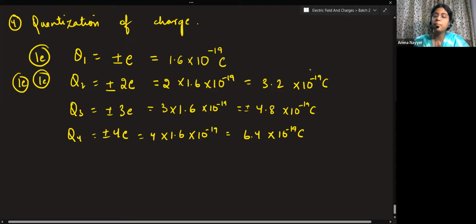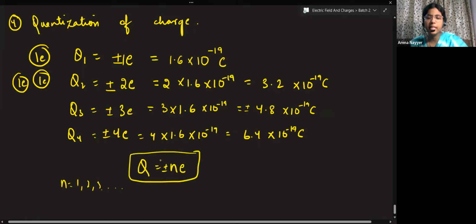So this property of charges is that it comes in integral multiples. If I write this as n, where n means 1, 2, 3 and so on, how does it come? n multiplied by e, plus minus.